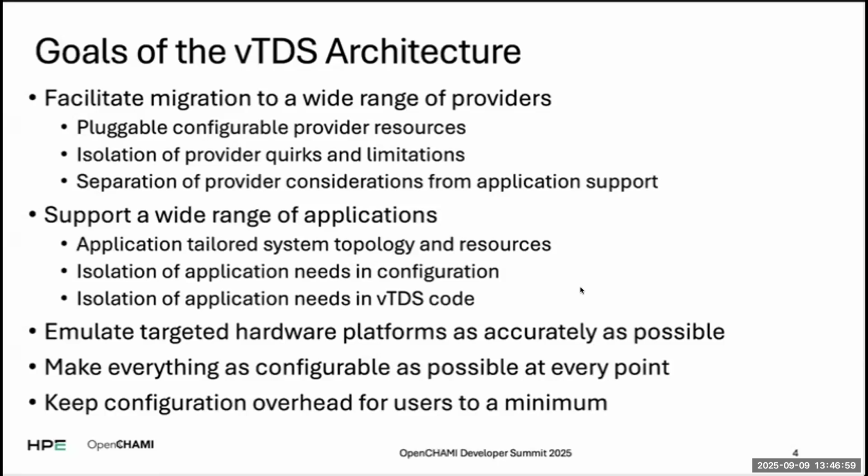The tool should be able to deploy onto, or be adapted to deploy onto, a wide range of providers. And one of the things that we discovered was it's really easy to make a virtualization that's tied to a particular resource provider. And then that makes it really difficult to move.